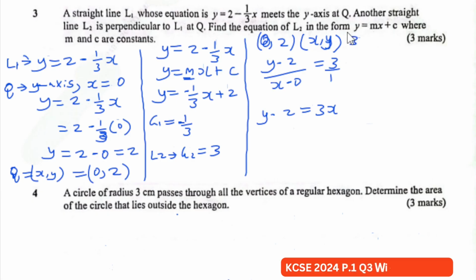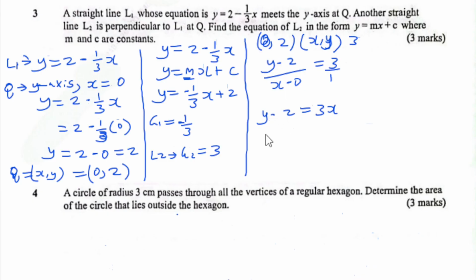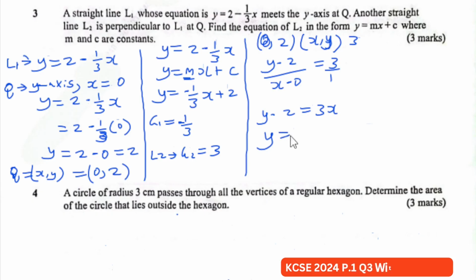Therefore, we have to put it into its standard form as given. So we take this -2 to the right side to remain with y on the left side, y equals 3x plus 2. And this is in the form y equals mx plus c. And that was the required solution.